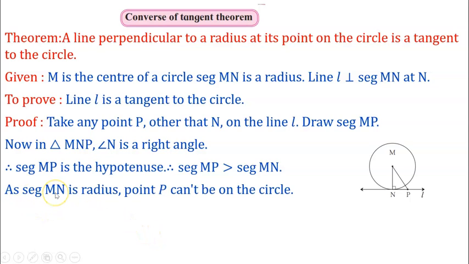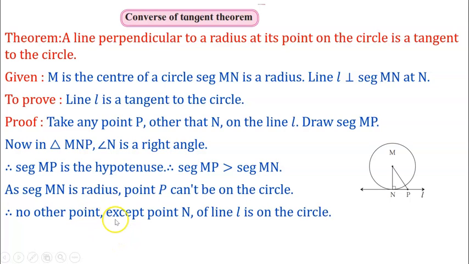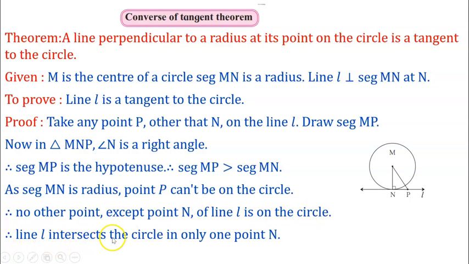As segment MN is a radius, point P cannot be on the circle. No other point except N of line L is on the circle, and therefore line L intersects the circle in only one point N, and therefore line L is a tangent to the circle.